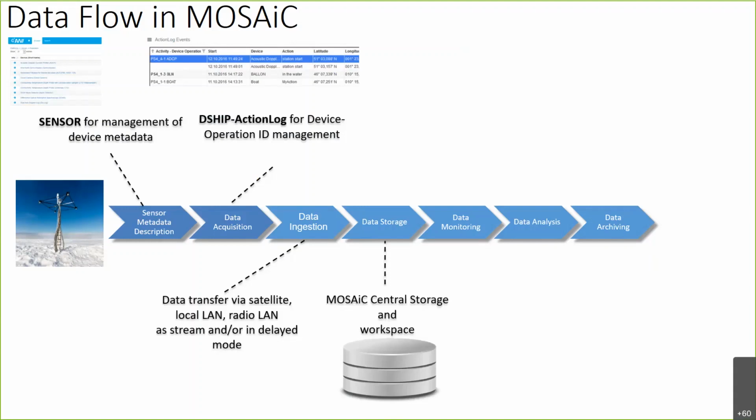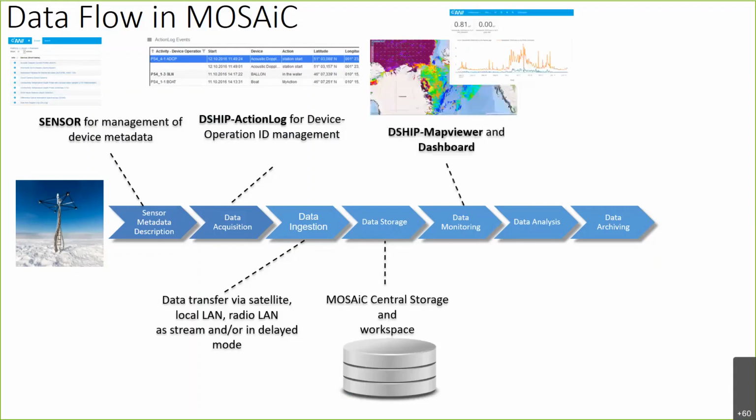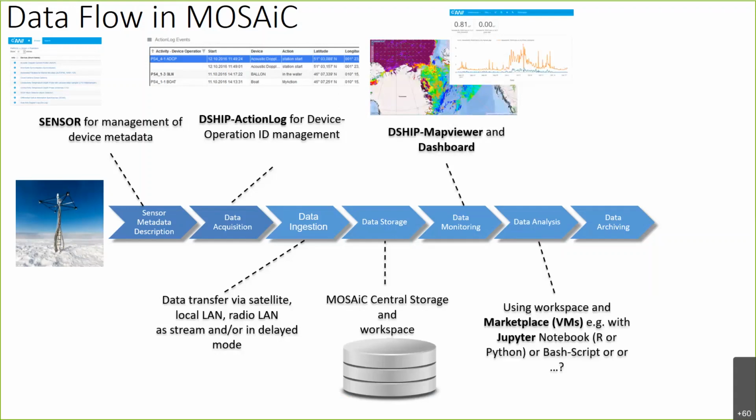So in case of MOSAiC, the data storage is referred to as MCS, MOSAiC Central Storage, and that contains areas of raw data, which are called platforms, and also space for process data called workspace. And I'll skip these two parts, data monitoring and data analysis, because for today's talk it is not that relevant.